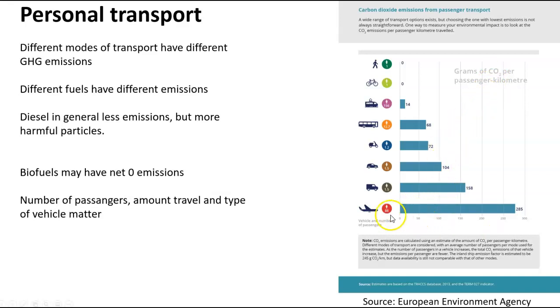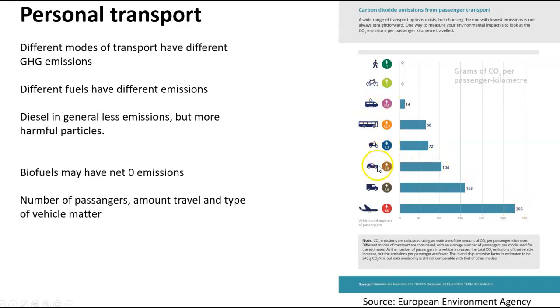So here we see that flying, assuming an average of 88 people per plane, means that every kilometer of flight produces 2.3 kilos of carbon dioxide.